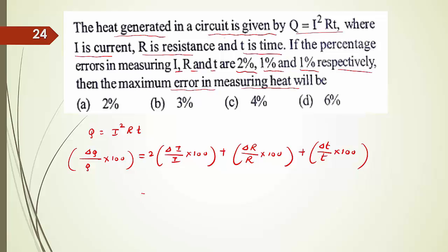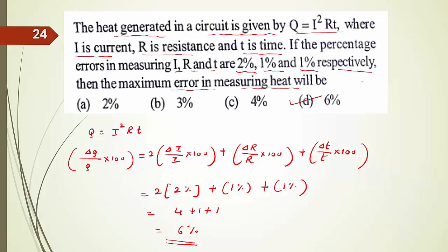Now substitute all the values. 2 times delta I over I into 100 is already given as 2%, plus delta R over R into 100 is given as 1%, plus delta T over T into 100 is given as 1%. So we will get the final answer: 4 plus 1 plus 1, the final answer is 6%, the maximum error present in the measurement of heat. 6% means option D is the right answer.